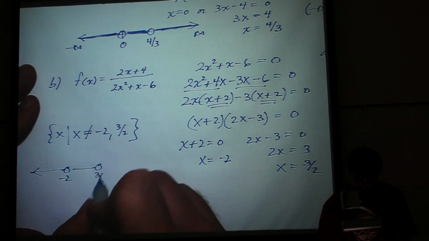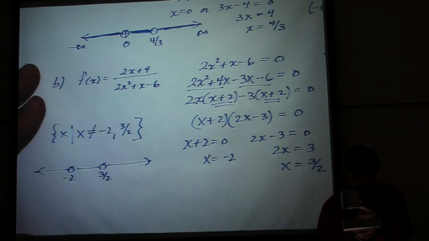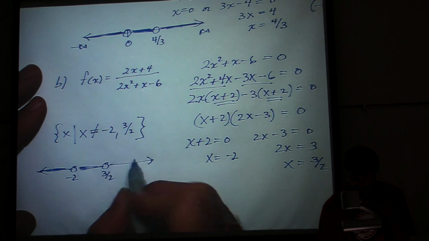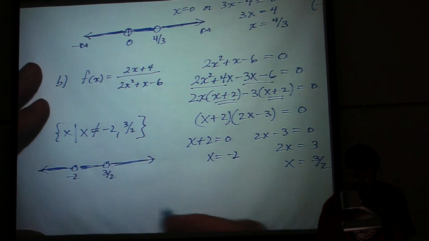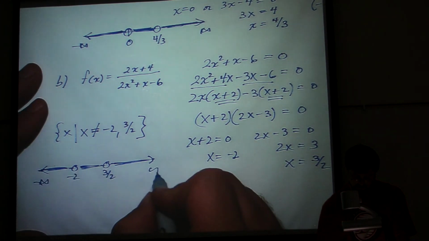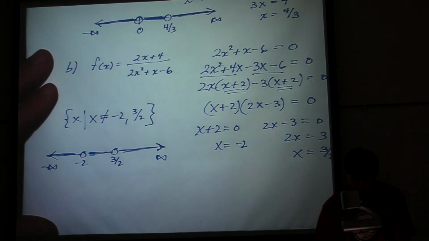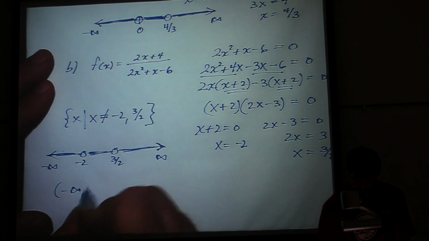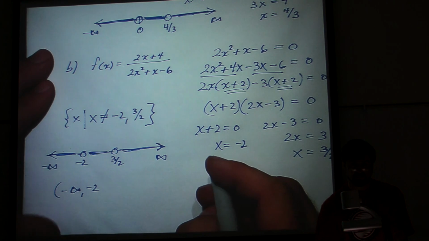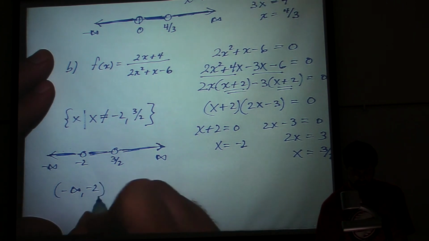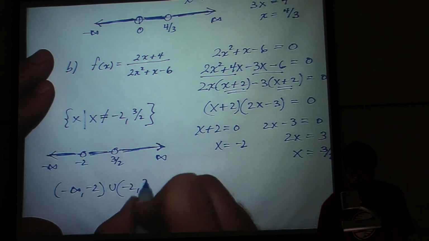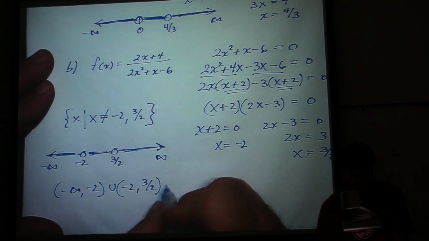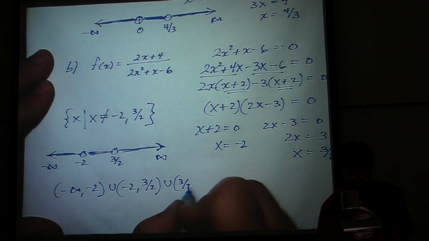We'd have a hole at 3/2. But anything in between those values or beyond those values is acceptable. And therefore, the interval notation would be negative infinity to negative 2, parenthesis, union, negative 2 to 3/2, parenthesis, union, 3/2 to infinity.